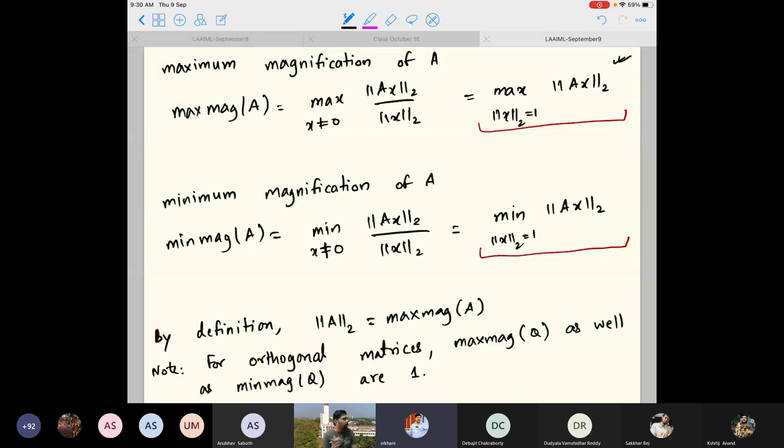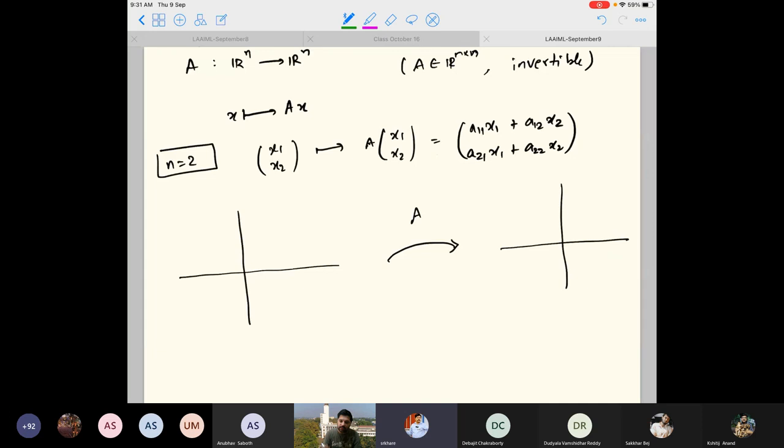What I am going to look at is the unit circle or unit ball in the domain space, and I'm going to apply A on each of these vectors, Ax, and measure the length of each of those Ax, and whichever is the maximum length, I'm going to work with that maximum length, right?